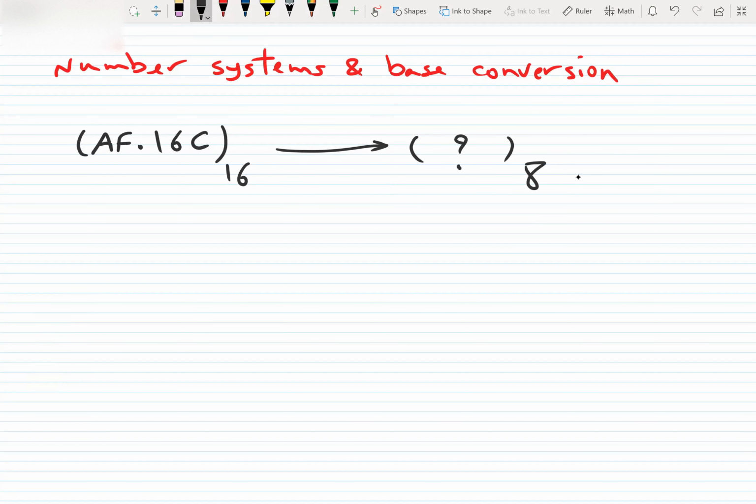Okay, we have a few ways. The first way is to convert from base 16 to base 10 and then from base 10 to base 8.